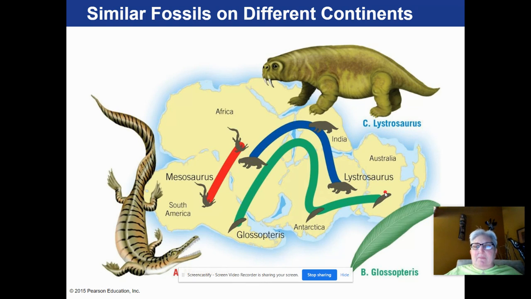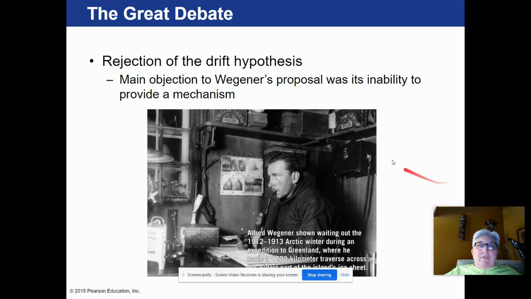He was finding fossils of these animals, and they were land animals on continents that were very much separated. So, that's really what got him thinking, like, how did this land animal get from one continent to the other when it was separated by a large ocean?